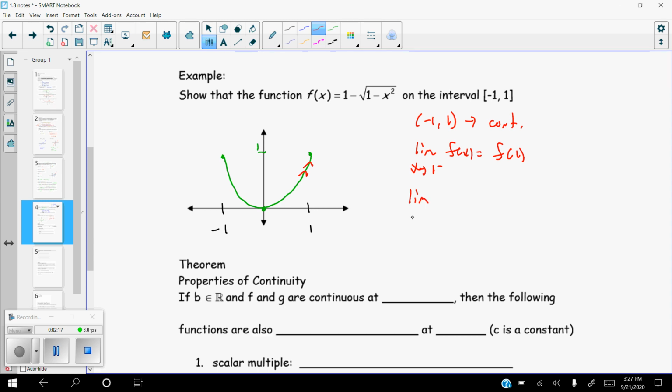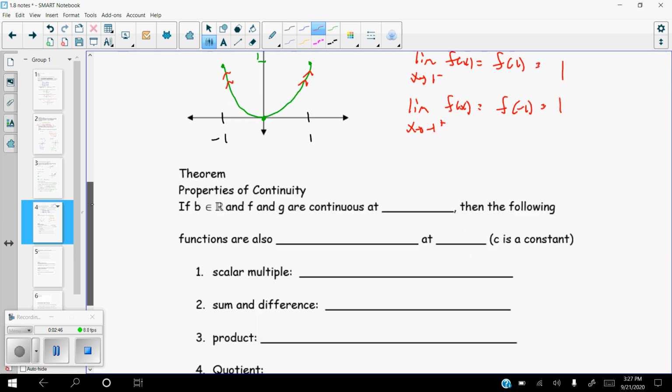Likewise, you would have to show the limit as x approaches -1 from the right side, because the only way you can approach -1 is from the right side of it, of f of x. Well, that has to equal the function's value at -1, and they do, because in this case, both of those are 1. So that would be how you would actually show that this is continuous on the entire closed interval. Again, I'm not going into all the specific math about that, but hopefully that gives you a general idea of what you would have to do.